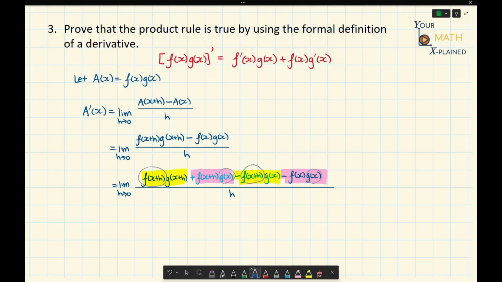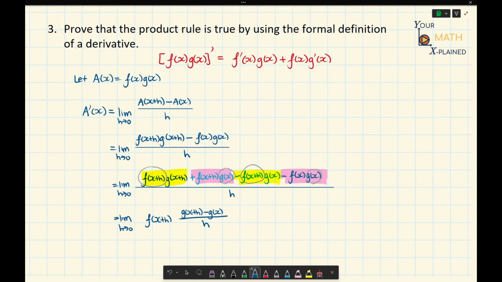So if we did that, this is equal to the limit as h approaches 0 of, factoring out the f of x plus h, we're left with g of x plus h minus g of x over h.